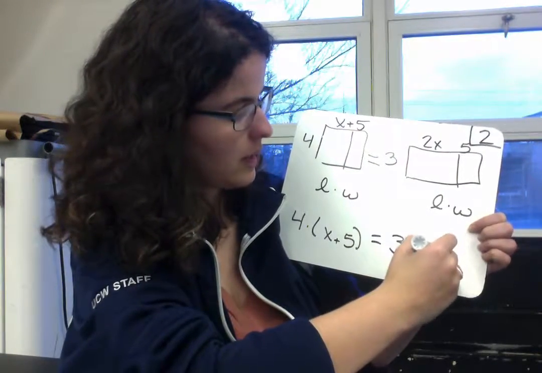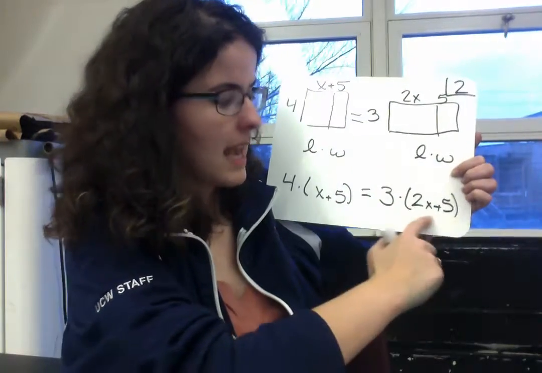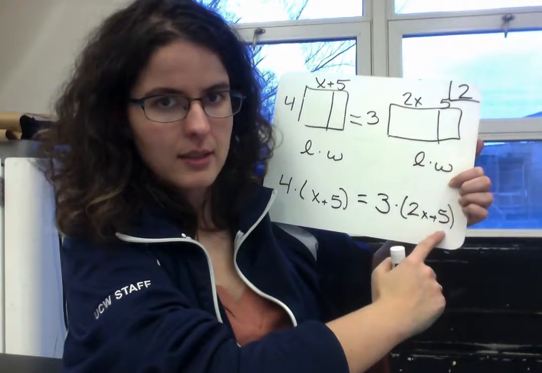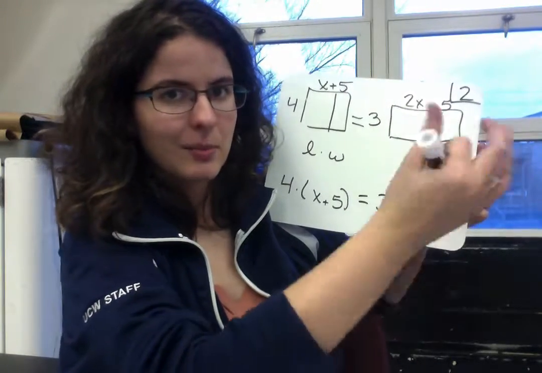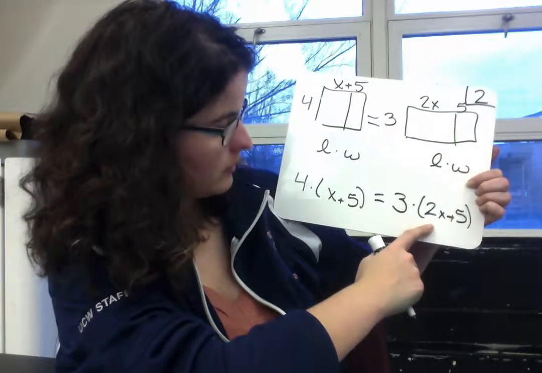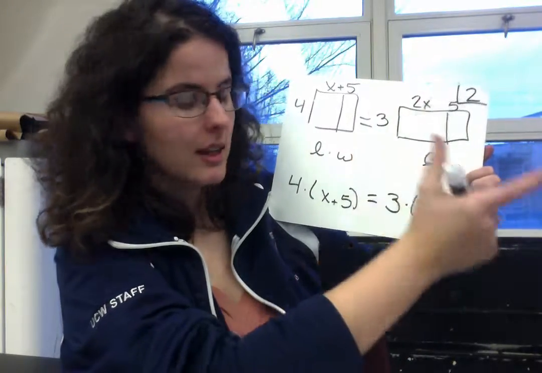That would give me 2x plus 5 as the total length there. I can't add further because this is like saying I have 2 bags and 5 pennies. That's not something that I can put together because I don't know how much is in each bag. So this is my equation when I haven't expanded it out.